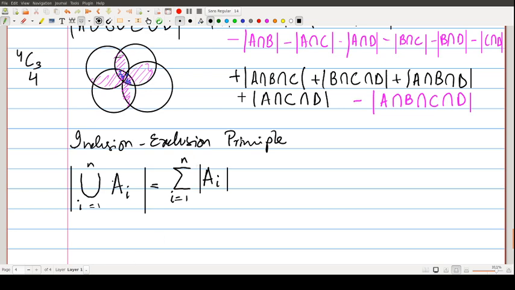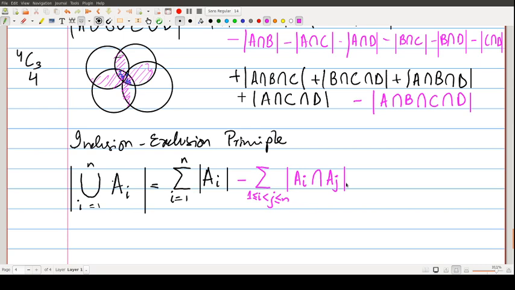Then in the next term what we do is we subtract the summation of pairwise intersections. So A_i intersection A_j, right? And so now I have to look at i and j, and so i will start off from 1, 1 less than or equal to i, and then j has to be different from i, and j goes to n, right?